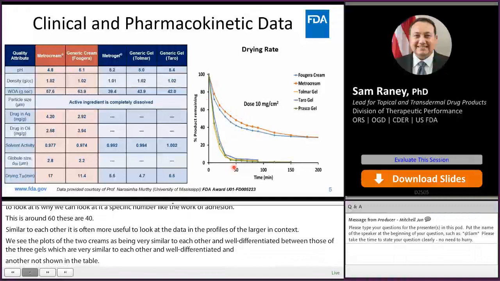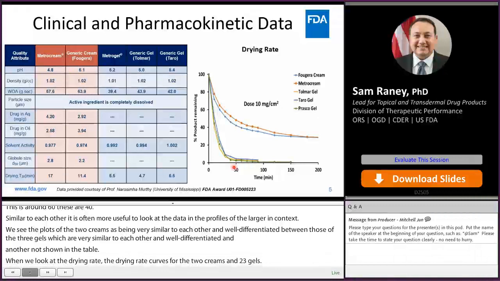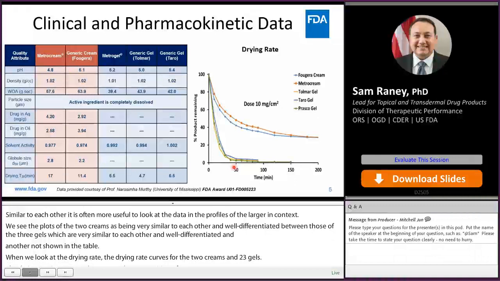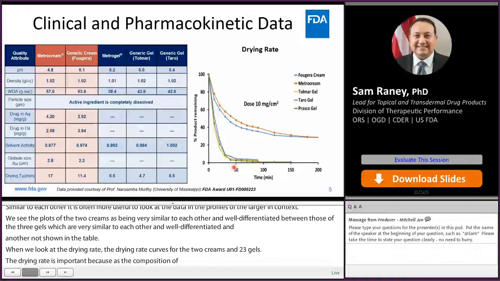The drying rate is important because as the composition of the formulation on the skin dries over time, its relative amount of the different ingredients changes as some of those ingredients volatilize. And what also ends up happening is that the solubility of the drug changes because the vehicle is changing and it's drying out.